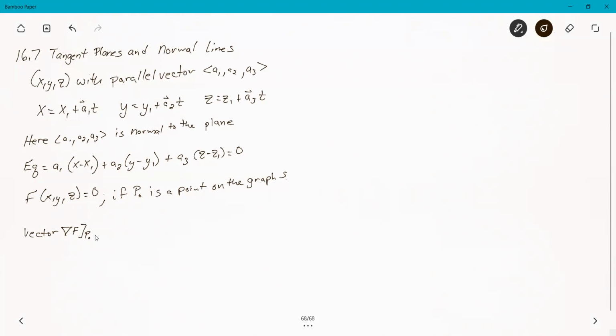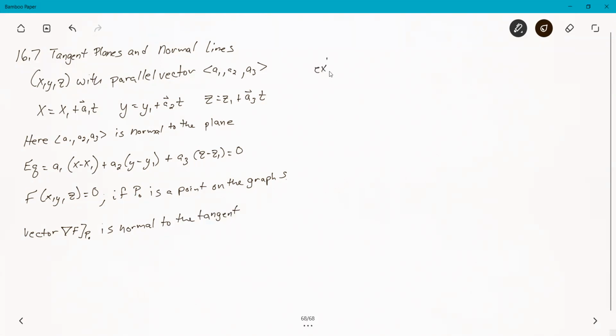And remember that the little upside down triangle is your directional derivative in gradient form. And this is normal to the tangent.